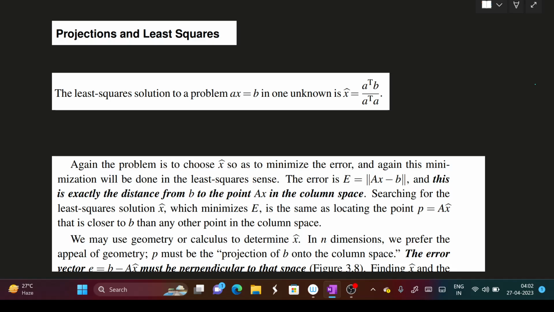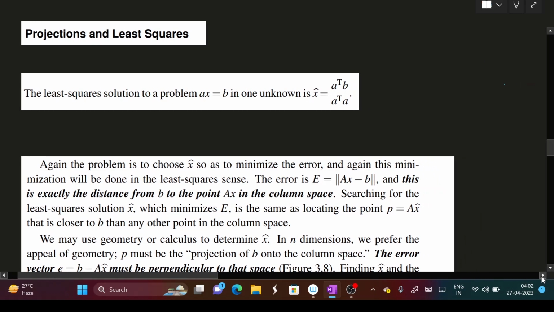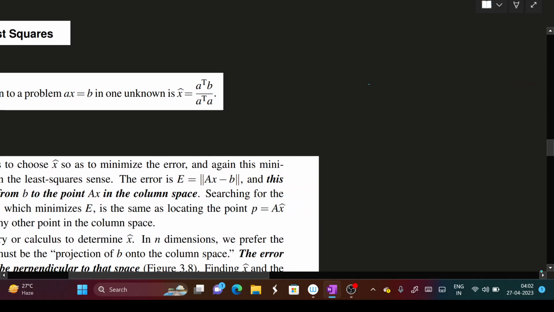Today we will discuss projections and least squares. Before going for it, let us study what's the need of doing this study. Suppose I have a vector a and the equation a x is equal to b.